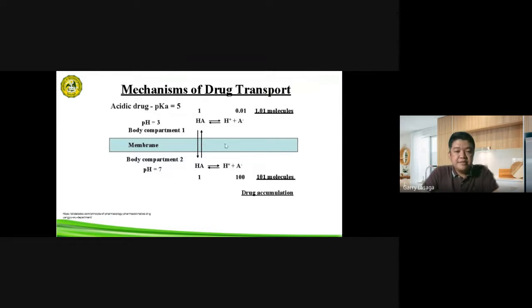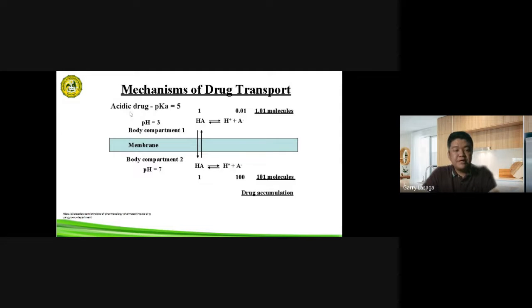And these are the different body compartments. We have here the membrane, the cellular membrane, that separates these two body compartments. One body compartment has a pH of 3, so it is acidic. One body compartment has a pH of 7, so it is towards the basic side.